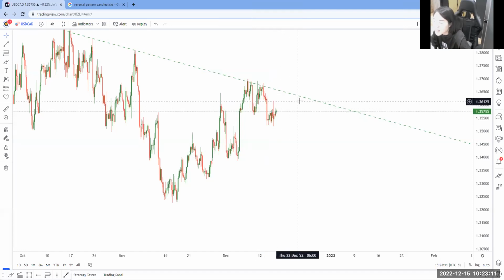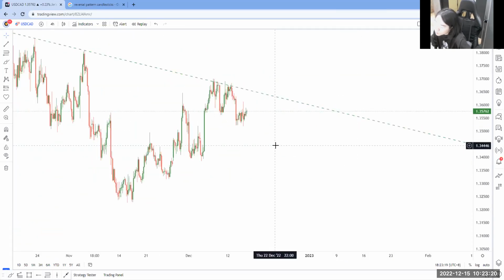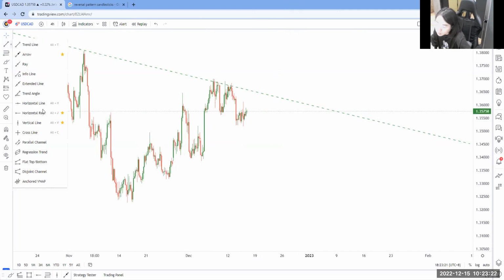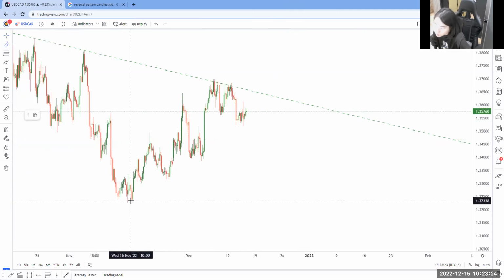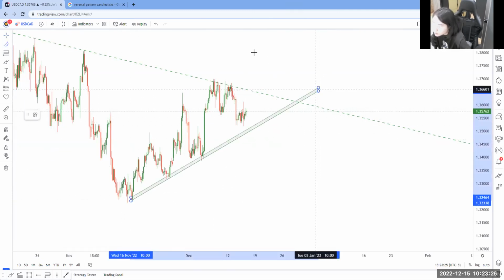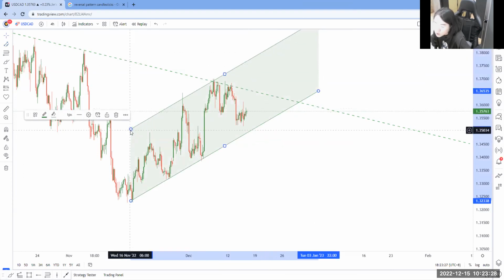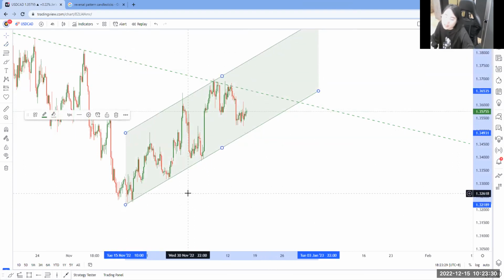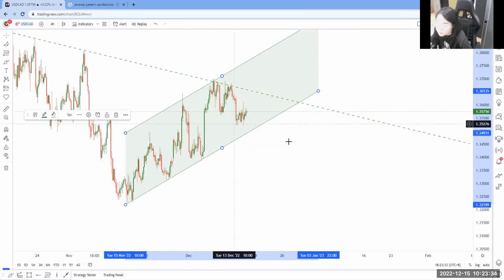Okay, so for USD CAD, I'm a bit more biased that it's a sell rather than a buy because of that trend line. But I also do see a slight uptrend going on here. So this is going to be a very tricky one. When I see situations like this, it makes me feel like the directional bias for this chart is not very clear.